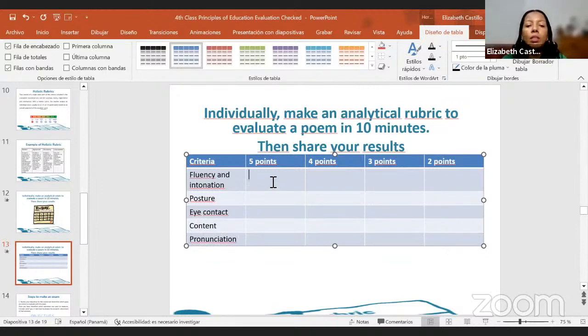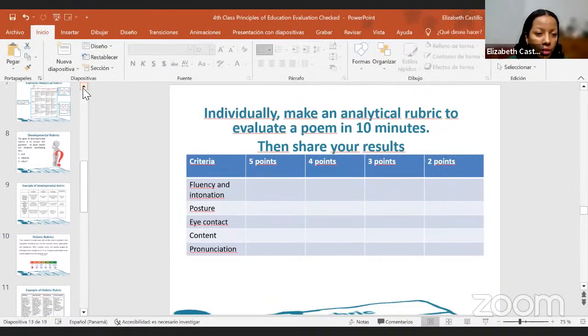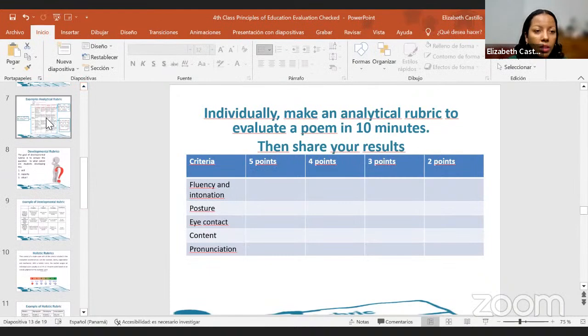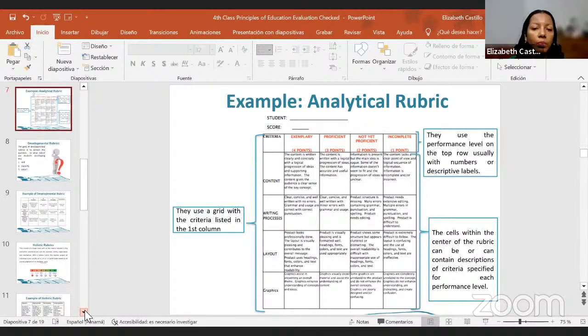Okay, when we say fluency and intonation, let's take the evaluation that we have here, the example of the analytical: exemplary, proficient, and not yet proficient, incomplete.